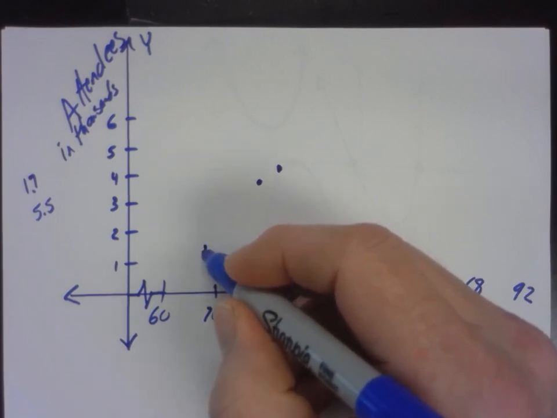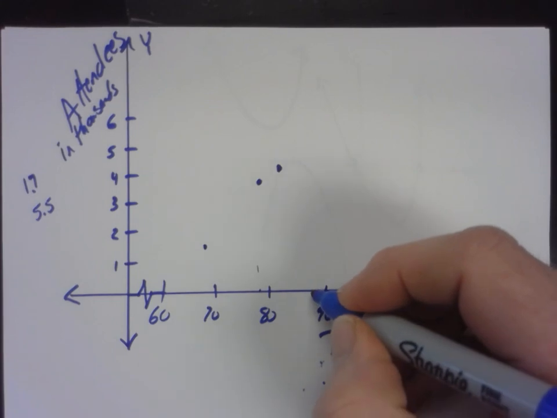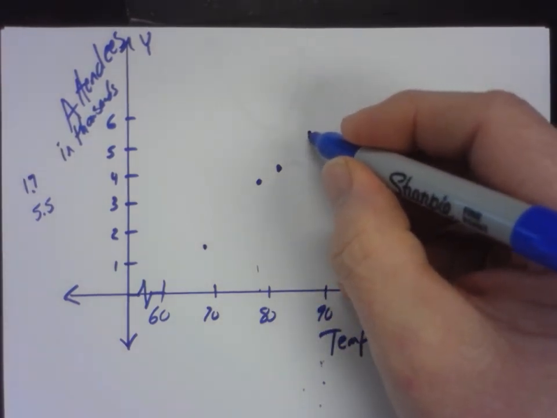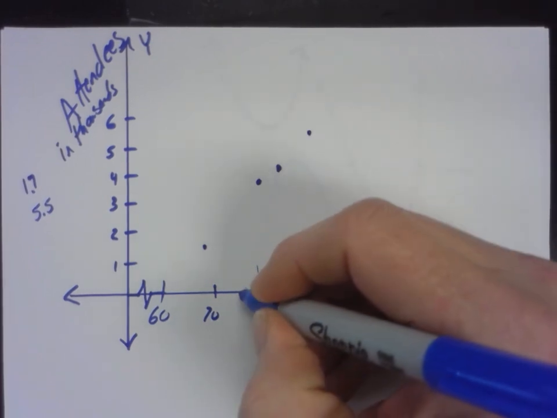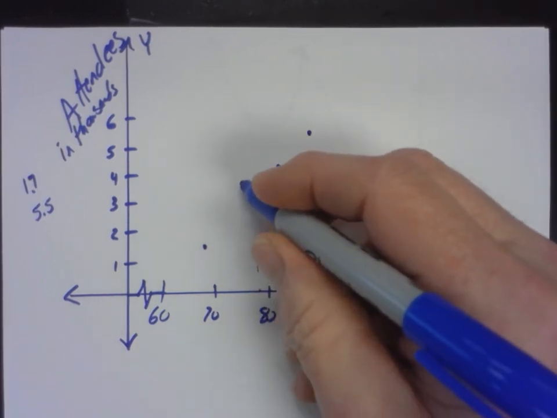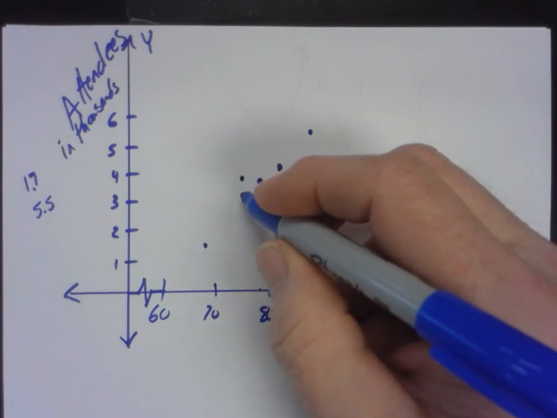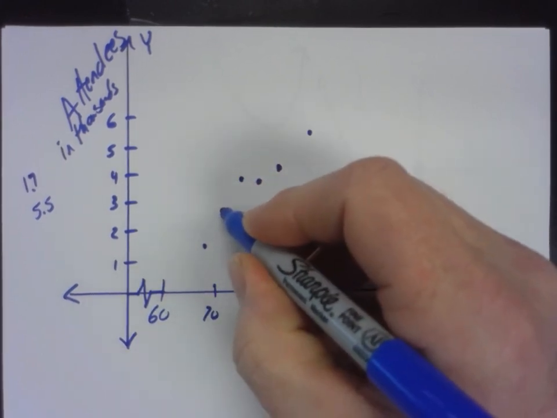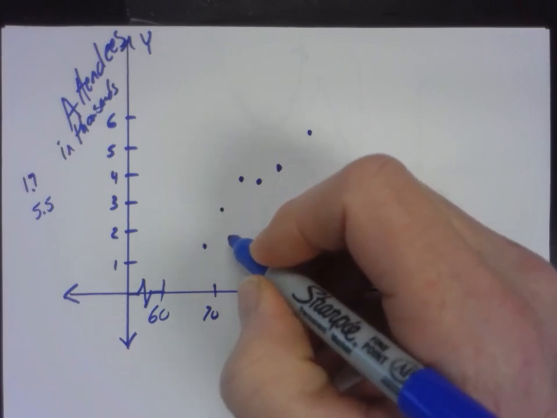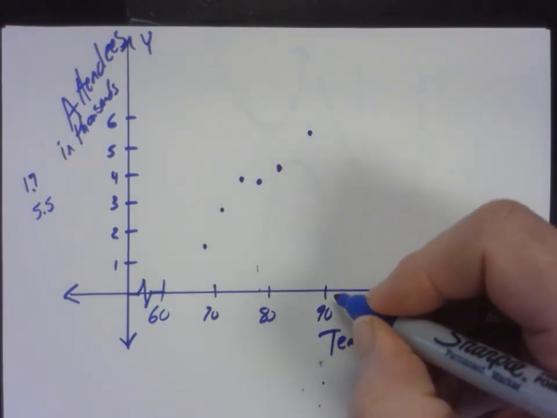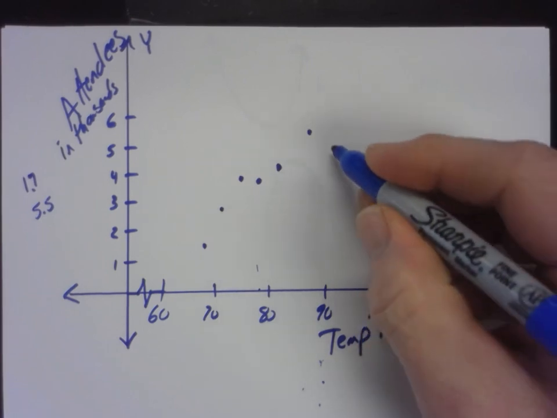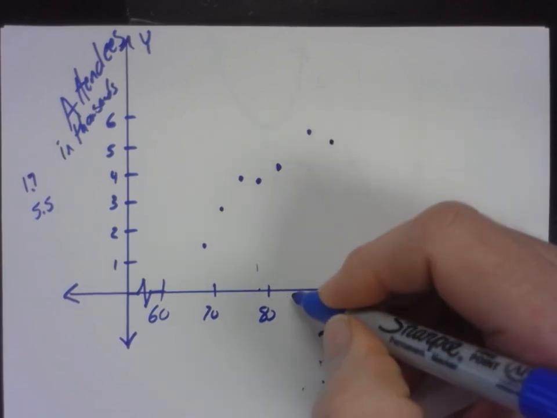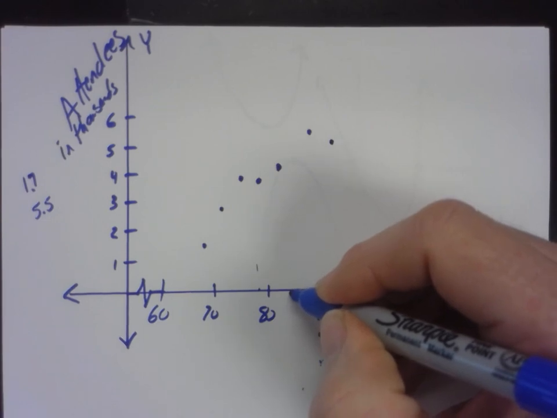Yeah, I love it. 87 degrees, 5.5. 75 degrees, 3.8. 71 degrees, 2.9. 92 degrees, 4.7. And then 84 degrees, 5.3.